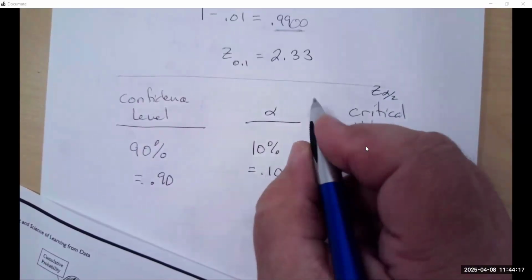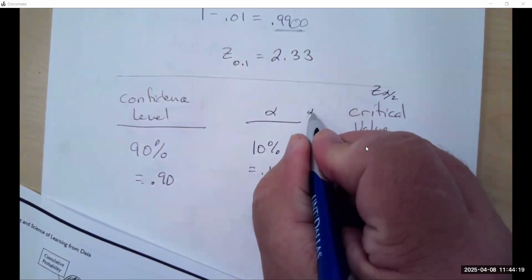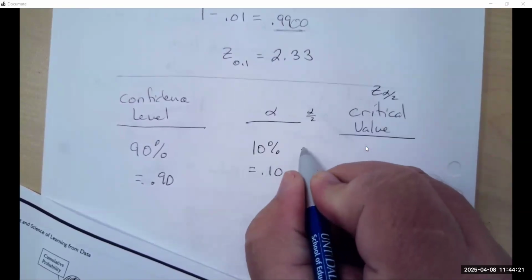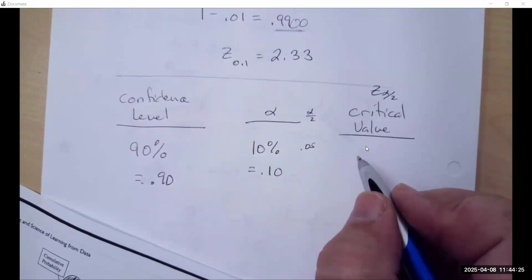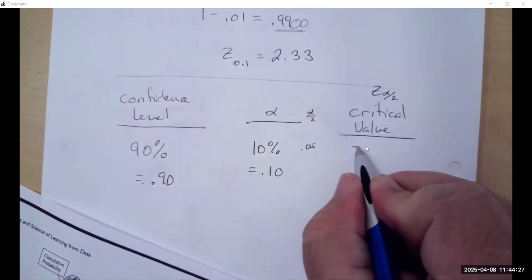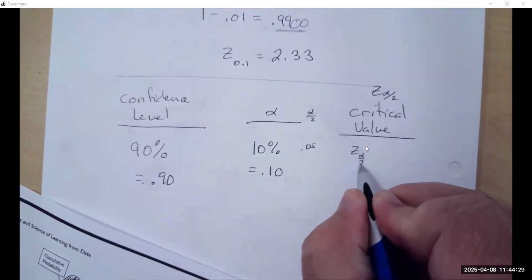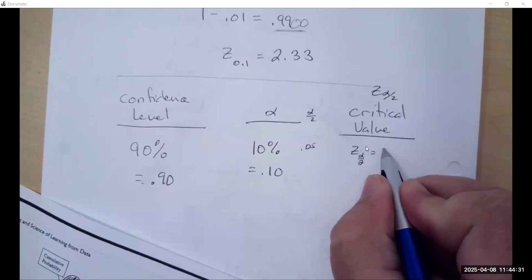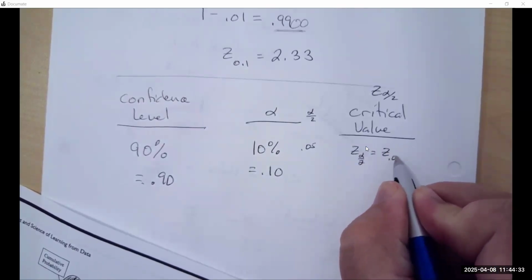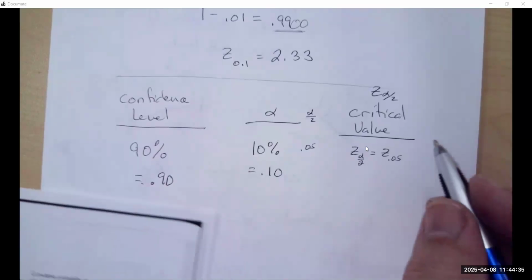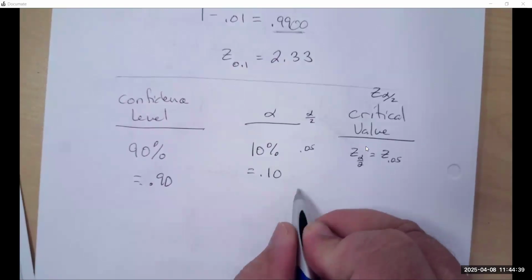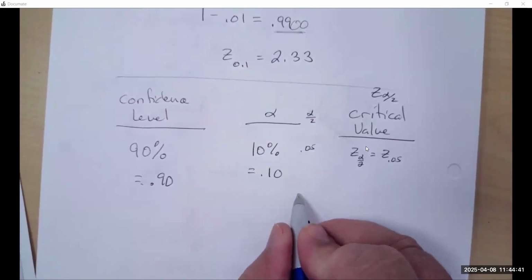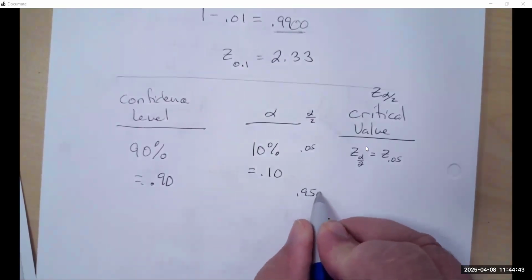So yeah, we have to do alpha over 2 first, which makes it 0.05. So our z value of alpha over 2, z value of 0.05, corresponds to 0.95.